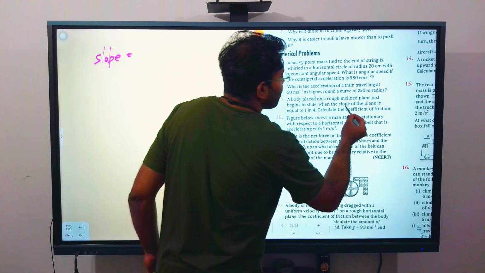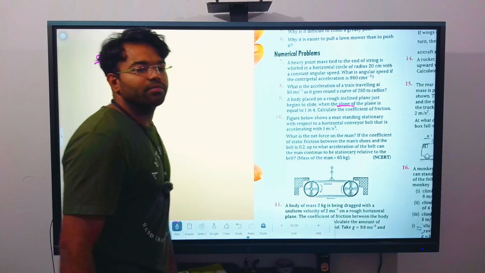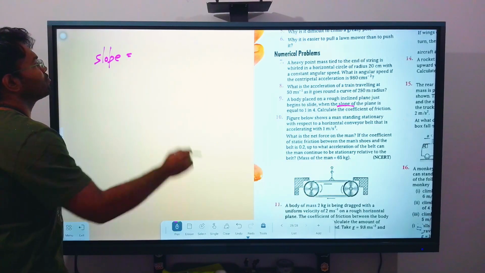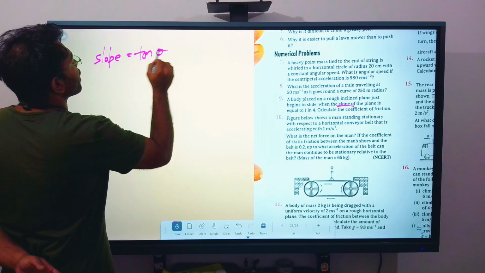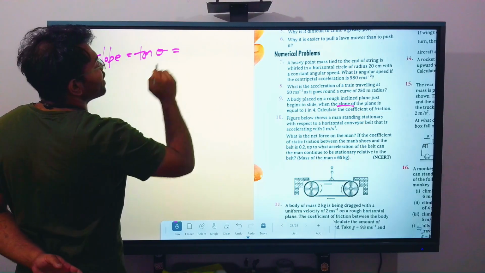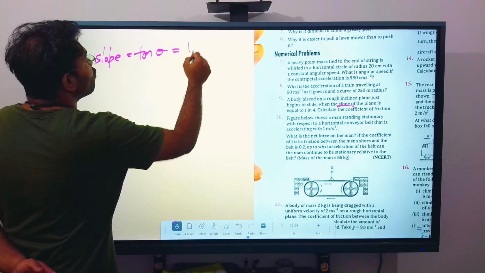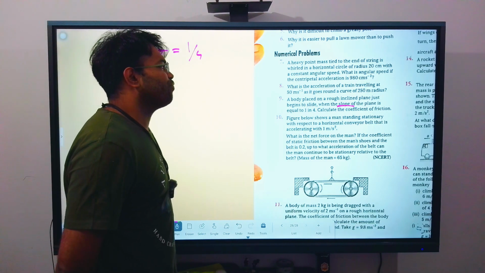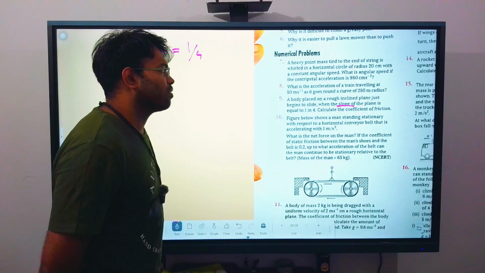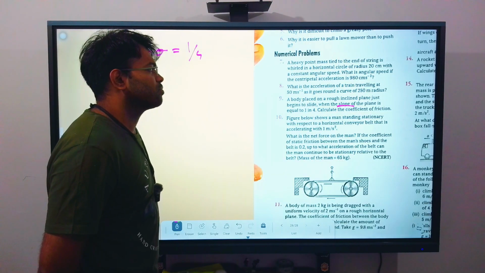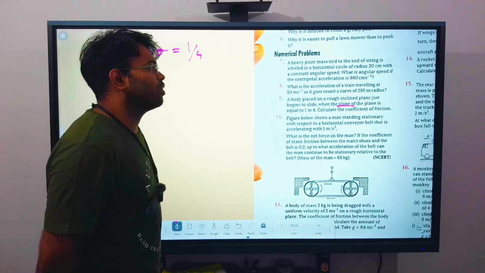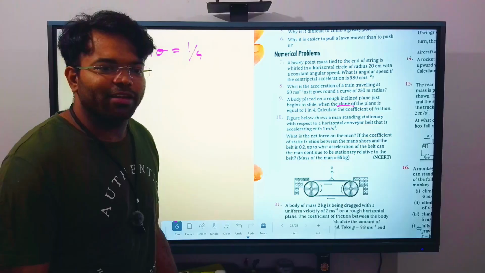What is slope? Tan theta. Slope is equal to tan theta, which is 1 in 4. 1 in 4 becomes 1 by 4. Calculate the coefficient of friction. The coefficient of friction is tan theta only, right?